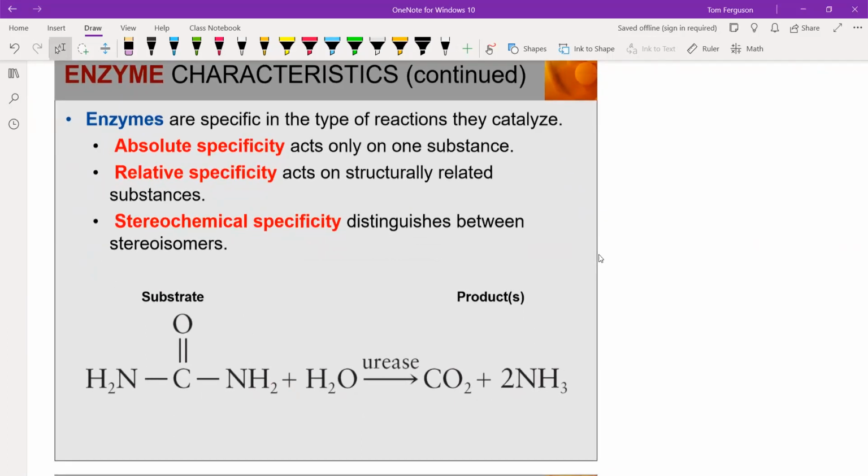Enzymes, there's a whole bunch of enzymes, and they go from everything. For example, this is relative and general.